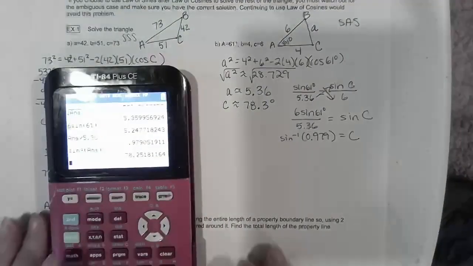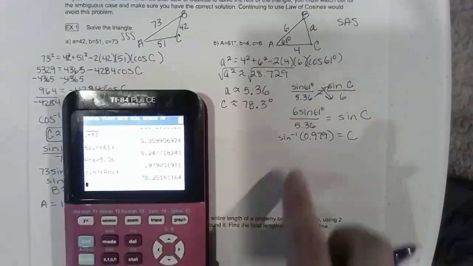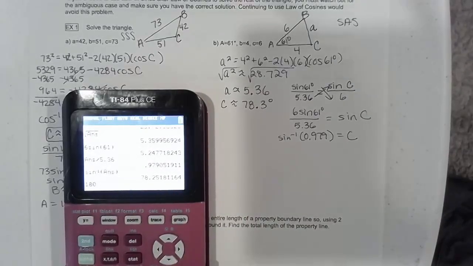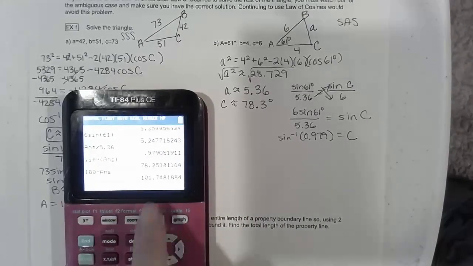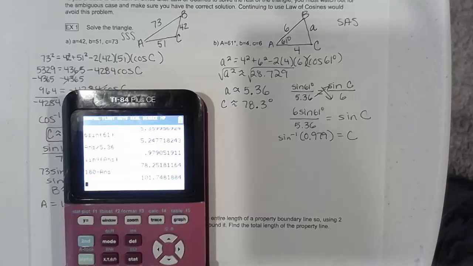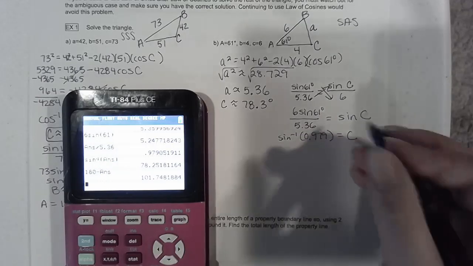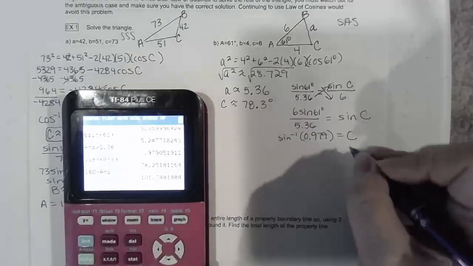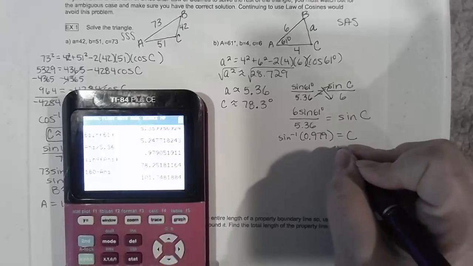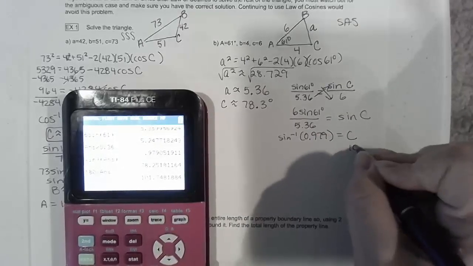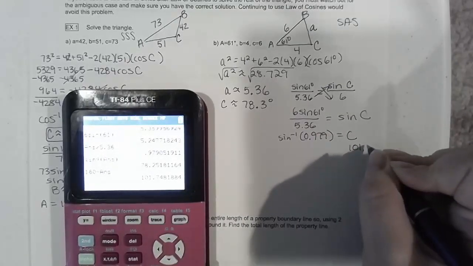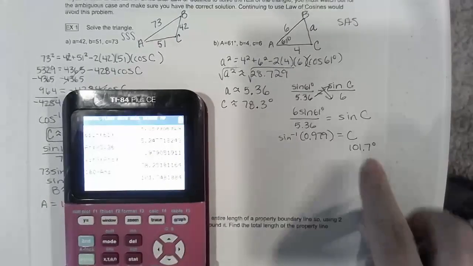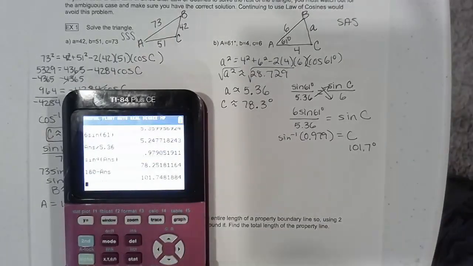So I need to check always to make sure there can't be an ambiguous case. So 180 minus that angle would be 101. So just making sure when I get my other triangle, 101.7 degrees is the other option.